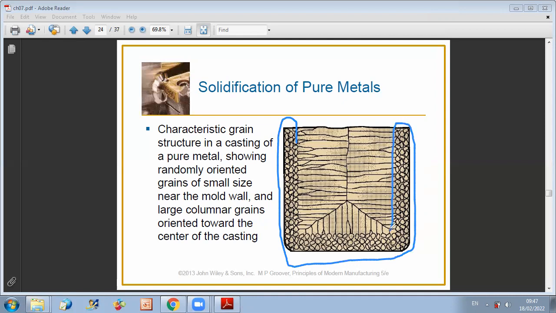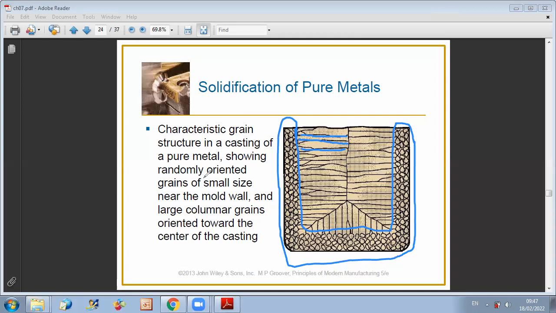These are grains. So in general, you observe grain structure near your boundaries, while towards the interior of your cavity, you have a more organized pattern, because they will have enough time to solidify. Here you have a sudden solidification. So this is a characteristic grain structure in a casting of a pure metal.